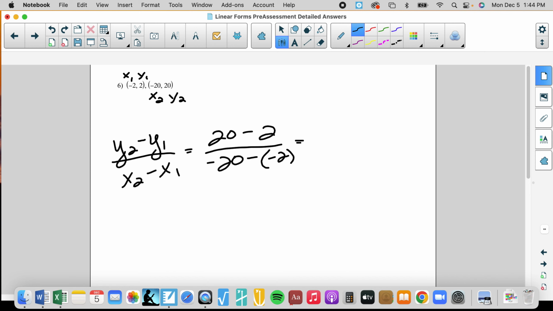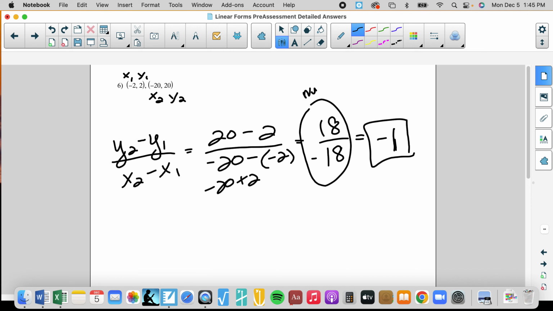So we have 20 minus 2, which is 18. And we have -20 plus 2, which is -18. 18 over -18 is -1. My slope is going to be -1. You must simplify this value.